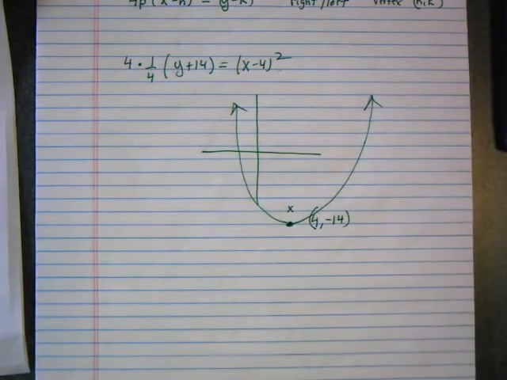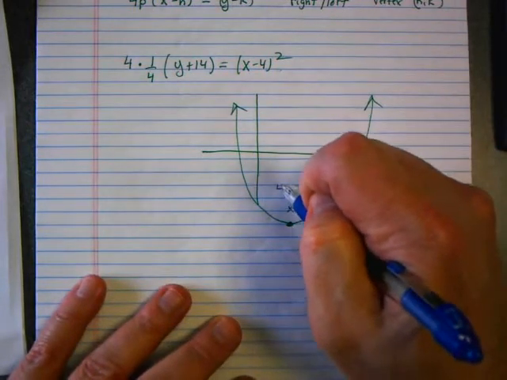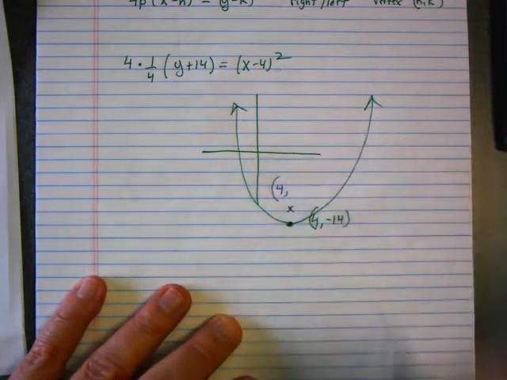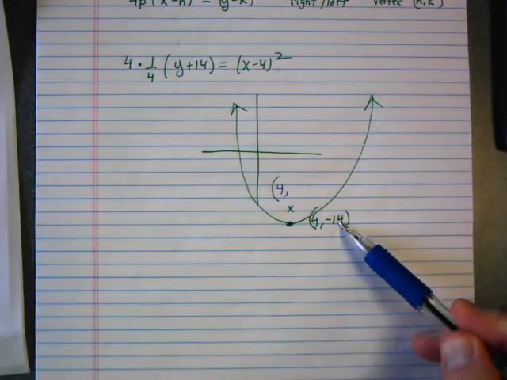Where's the focus? So the x number is 4. And to find the y number, I add a quarter, don't I? So what's negative 14 plus a quarter?